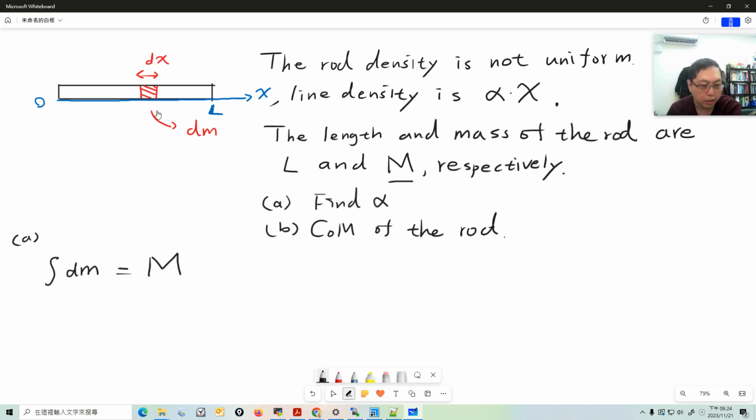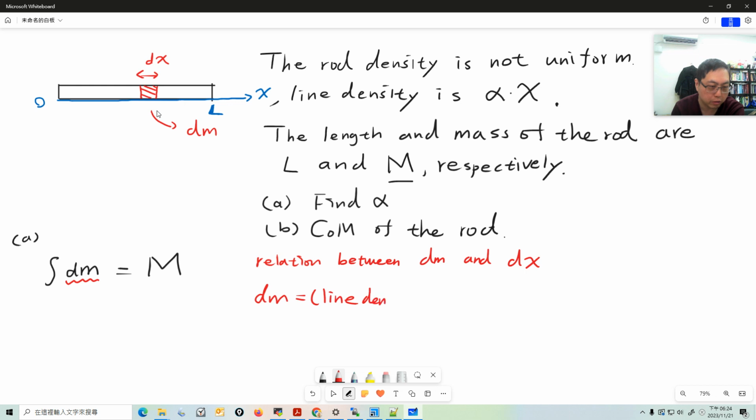How? In the last video, I said that for this integration we need to find a relationship between delta m and delta x. And last time we said delta m is equal to line density times delta x.